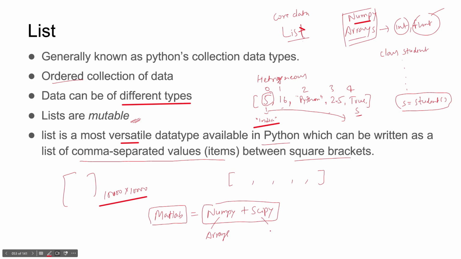SciPy is a scientific library for scientific computation, just like you do in MATLAB, right? Scientific operation means if you want to find Fourier transformation, mathematical operations, integration, differentiation, and other scientific calculations like sine, cos, trigonometry work.